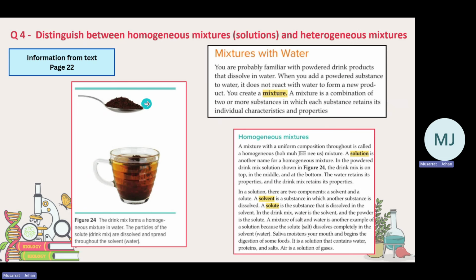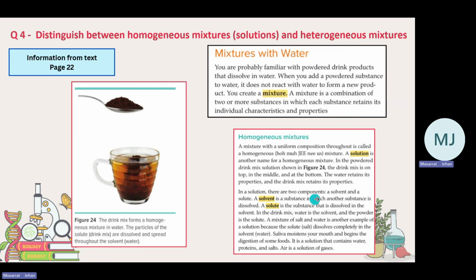When a substance is mixing with another substance, the substance which is dissolving it is called the solvent. It is a substance in which another substance dissolves. And the substance which is dissolved is known as the solute. So you should know the solute and the solvent.